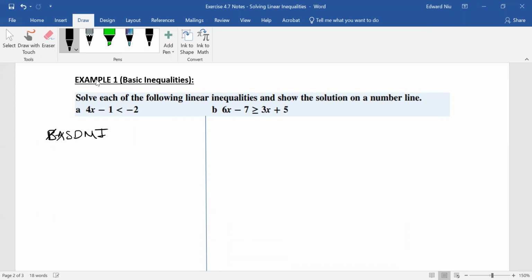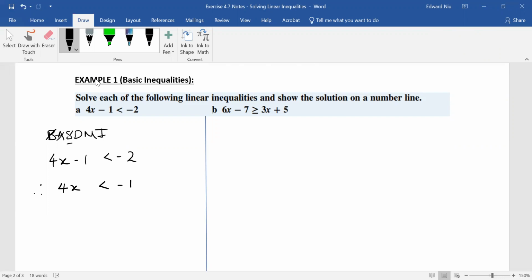All right, do we have any addition terms? No, we don't. But for x take 1 greater than -2, we do have a subtraction term. So what we need to do is throw the subtraction term to the other side, where we do the opposite operation, which is +1 on both sides. So we're left with -2 + 1, which gets us -1.